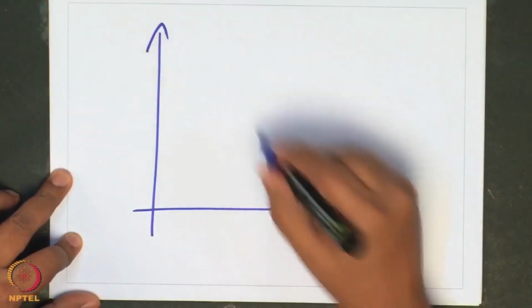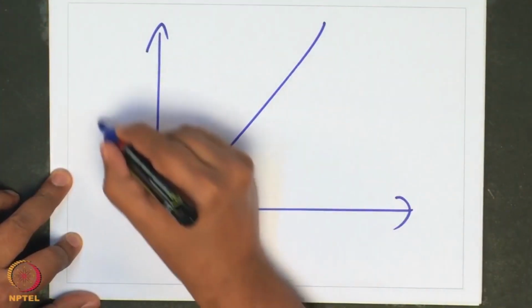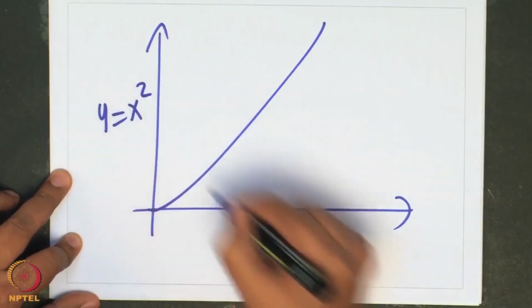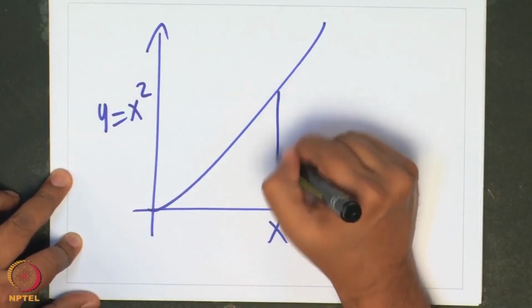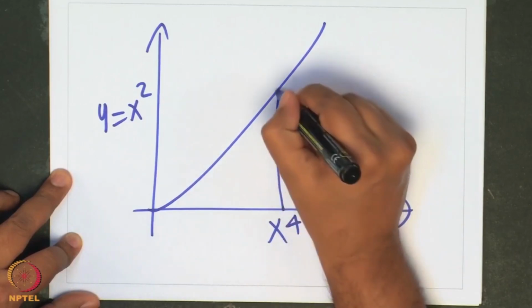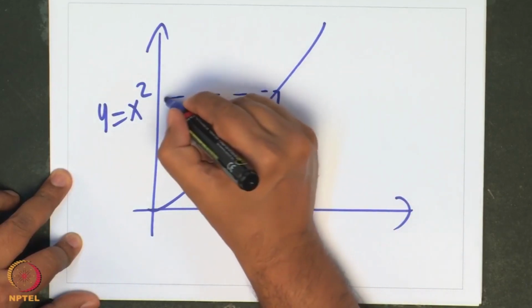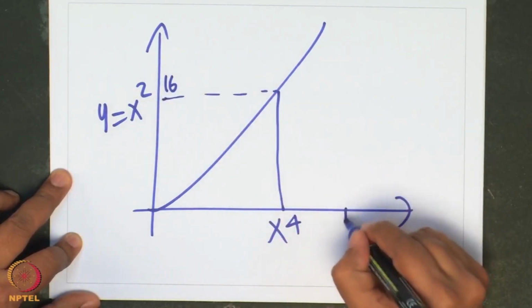You would want to try this for some other locations. For example, you would want to take some other point, 4. You have this function y is equal to x square, and this is x. Around 4, this is 16, and 5.